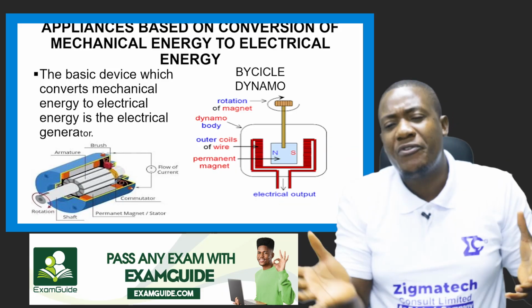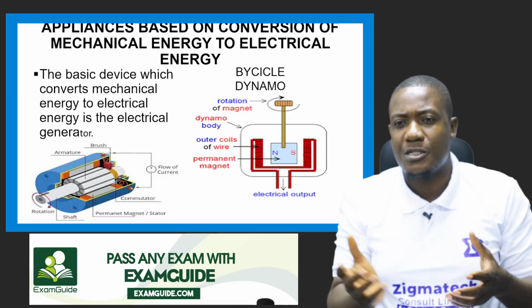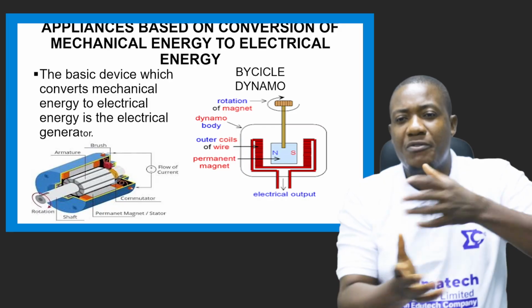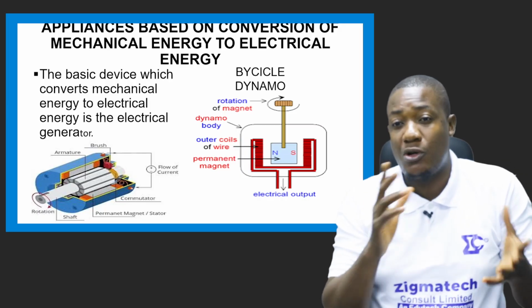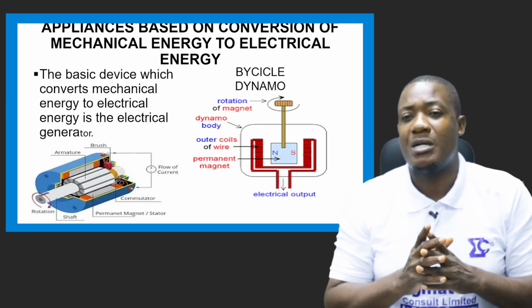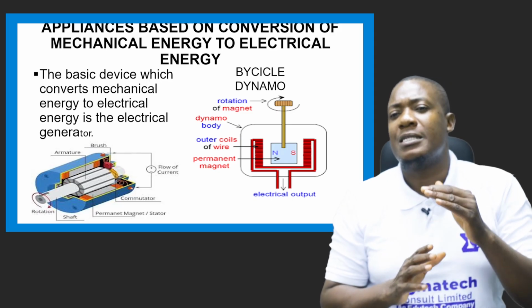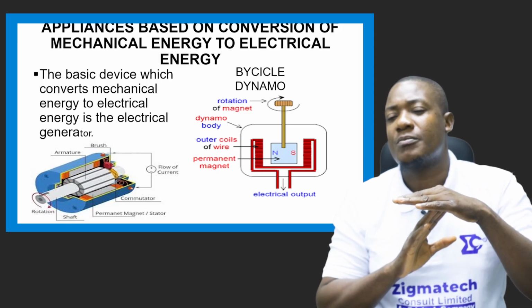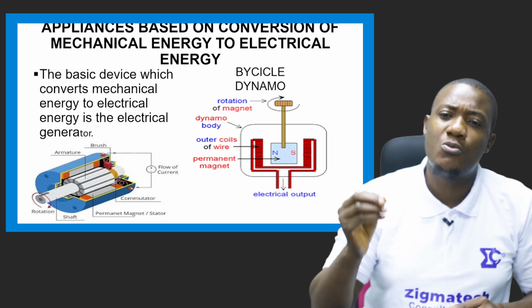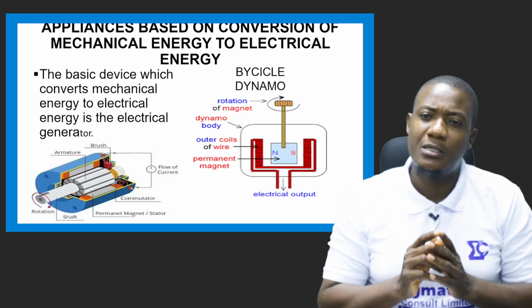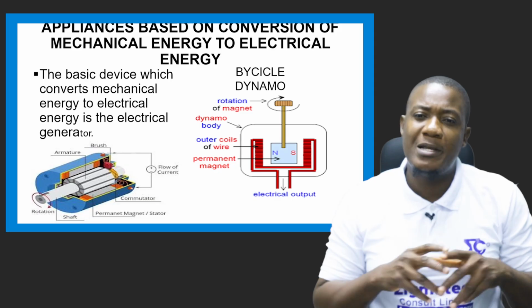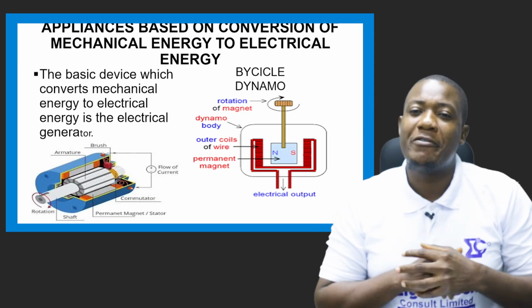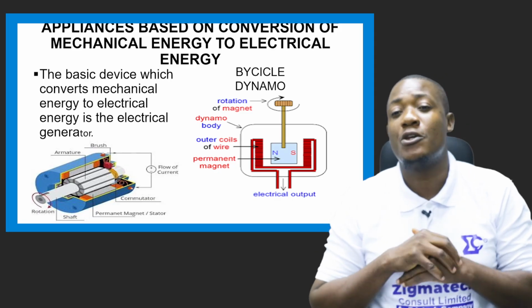If the magnetic field is changing, if you are rotating the magnet or rotating the coil, whichever way you rotate, right? And it's perpendicular to it. And electromotive force is induced in the coil. This law I'm explaining to you is called Faraday's law of electromagnetic induction.